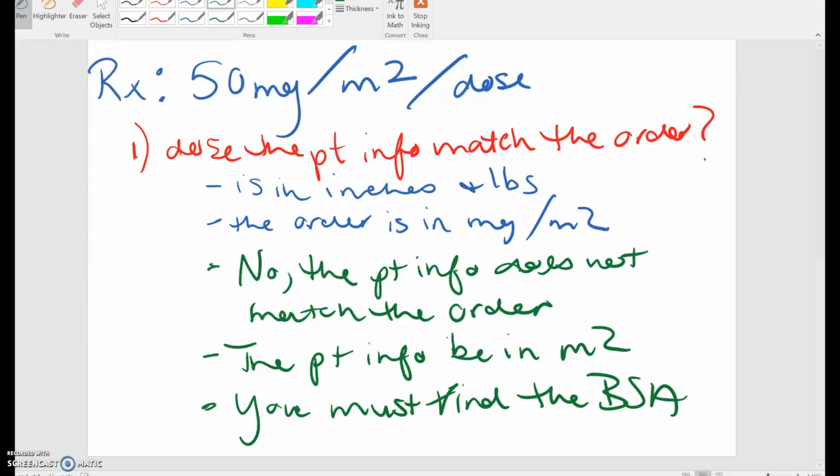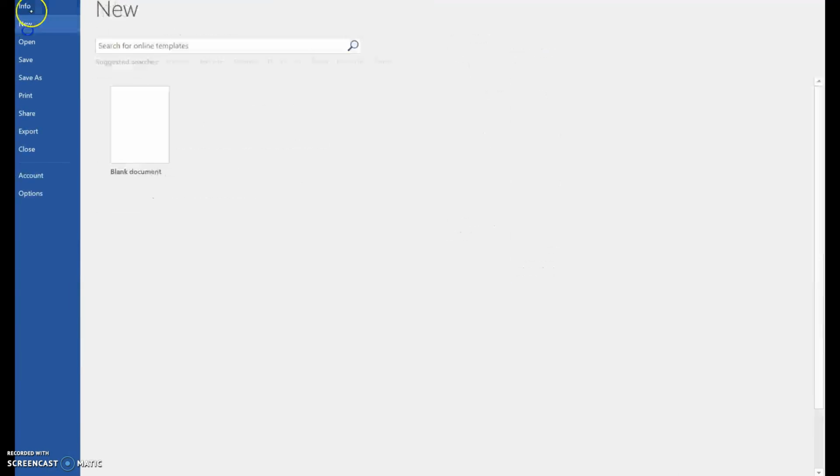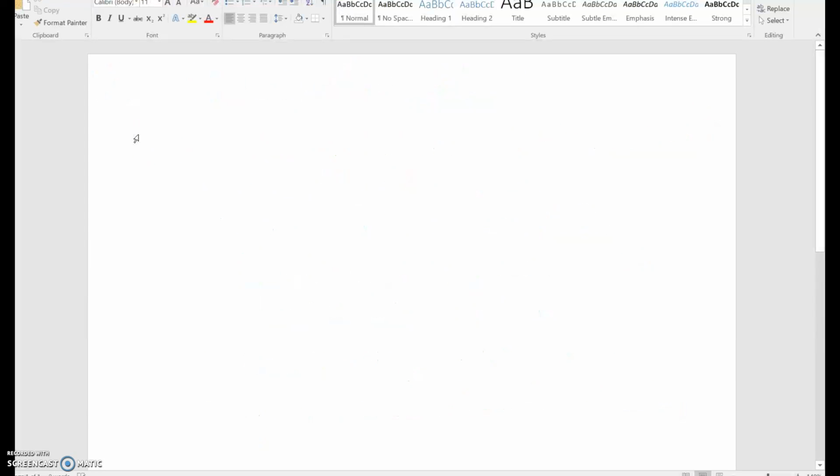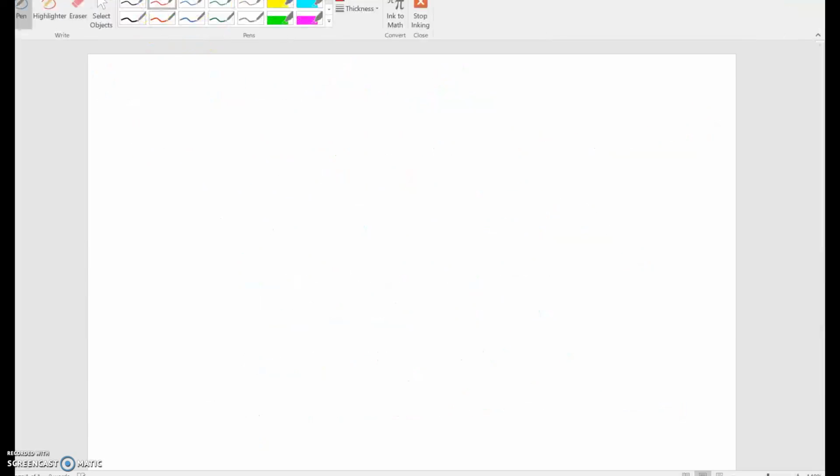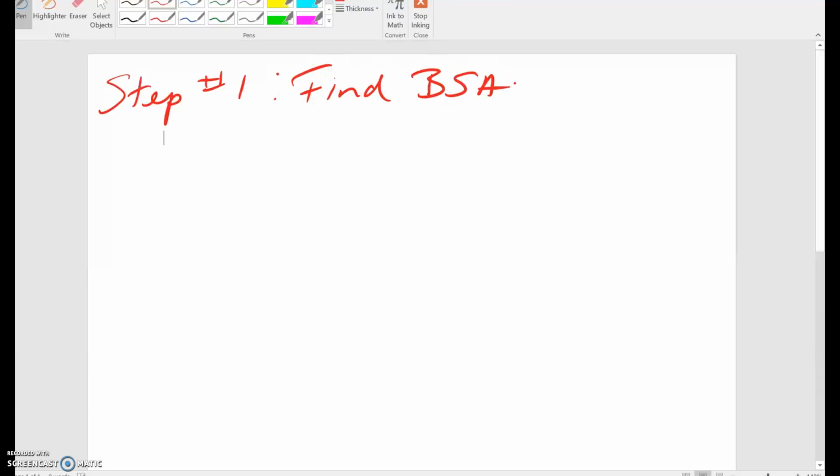I'm going to pull up another page so you can see. So step one is we're going to find the body surface area. In order to do that, you're going to use one of the two formulas.